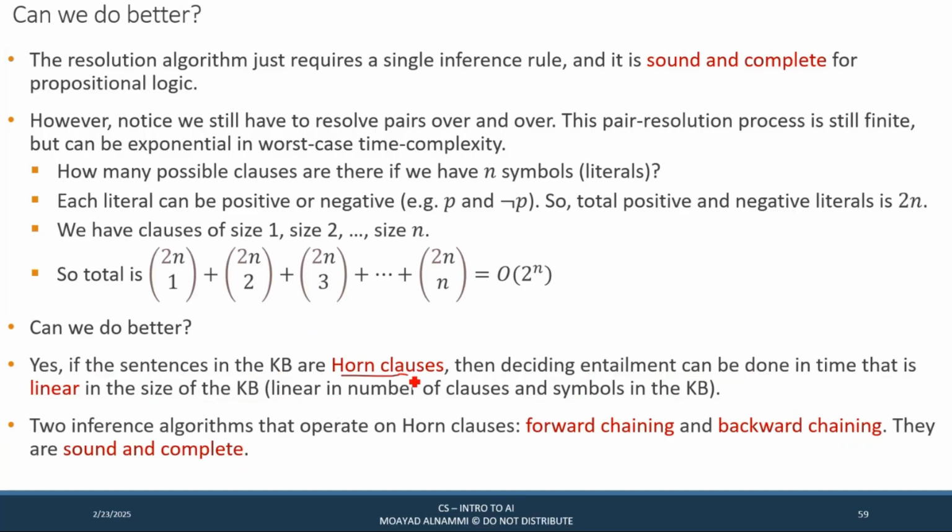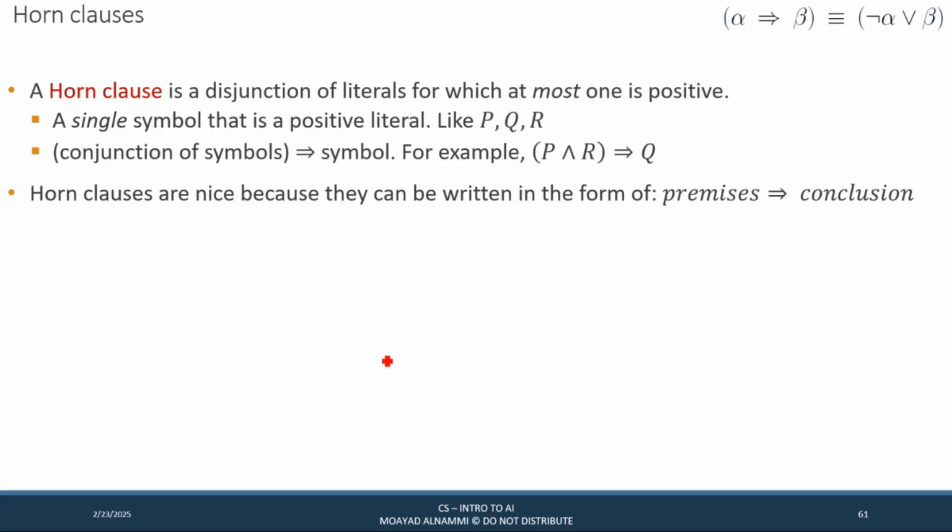So what are Horn clauses? Very simply, a Horn clause is a disjunction of literals for which at most one is positive. So a single symbol that is a positive literal, like P, Q, R. A conjunction of symbols implies a symbol. For example, P and R implies Q. For example, this is a disjunction of literals for which at most one is positive, which is the beta.